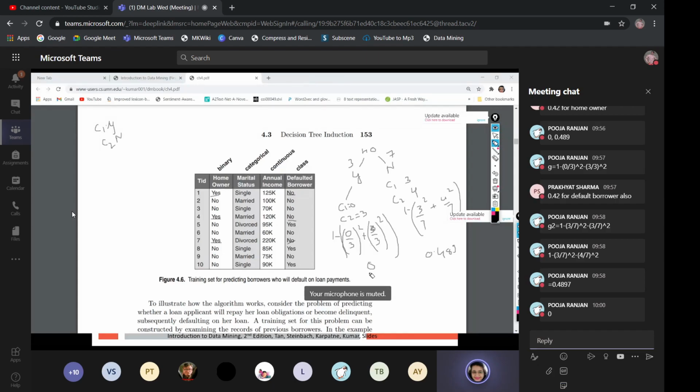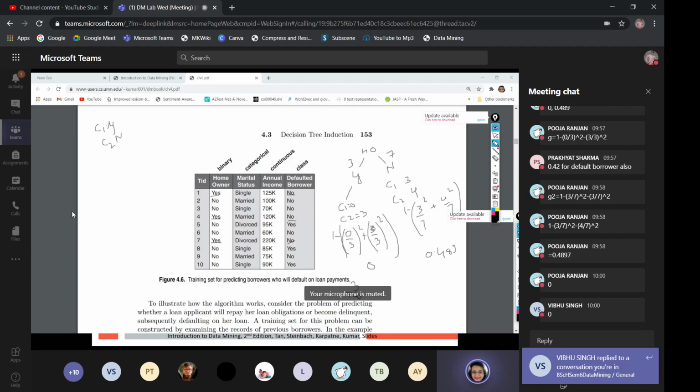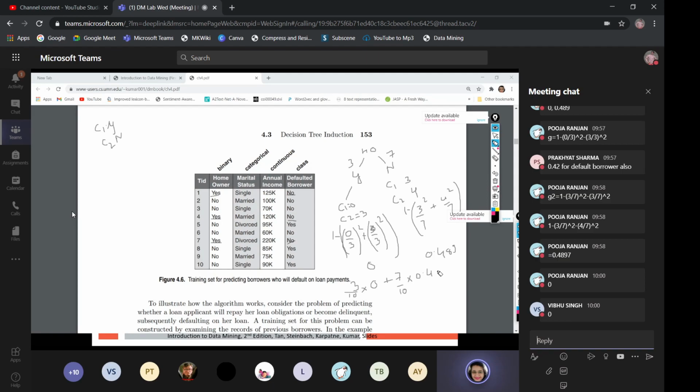Now to compute the weighted Gini index, we have to do what? How many were there? 10 records were there. So this will be 3/10 into 0 plus 7/10 into 0.489. What is this value? 3/10 into 0 will become 0.